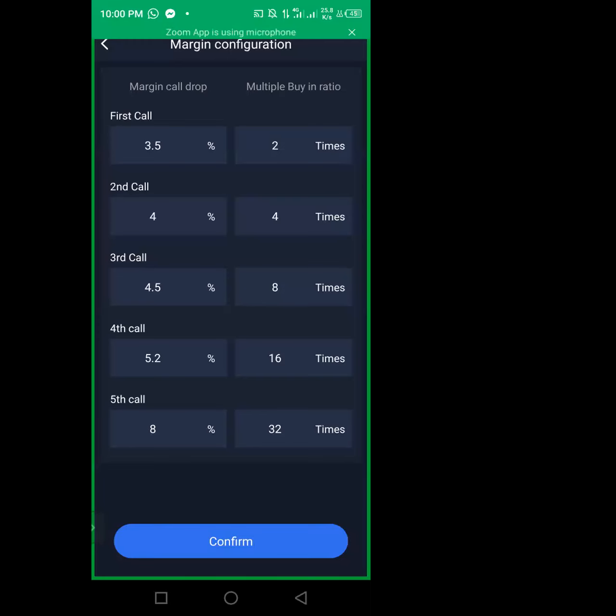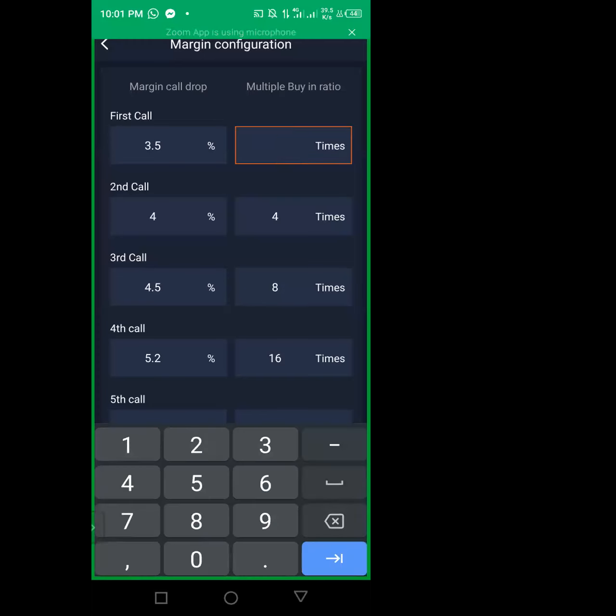It is in times, because it wants you to customize it. Now, for those that are writing, anything you put in this right part, if the robot wants to buy now, it will do 2 times your first buy amount.